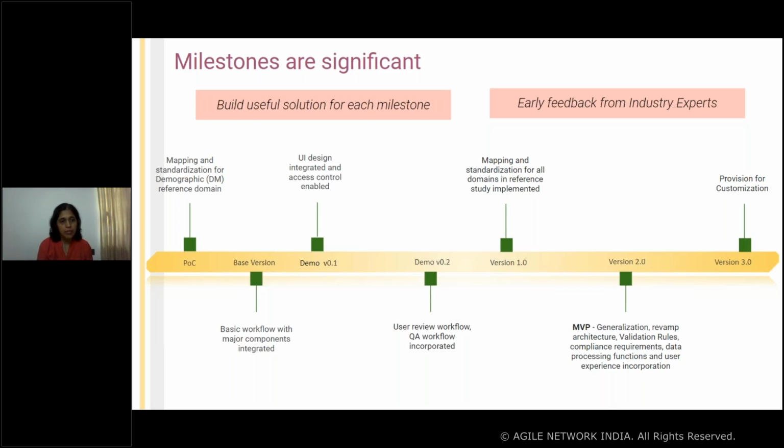As I said, we started with the POC. In the POC, we had just the basic things, with mapping and standardization modules being independently developed by respective teams, and all those got integrated only in the base version. Once we did the feasibility, based on our experience in a different domain providing similar solutions, we used that same learning to build the POC, and we thought, okay, we could move ahead with this particular solution in this domain as well.